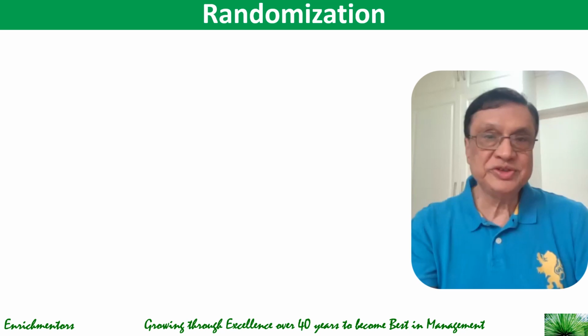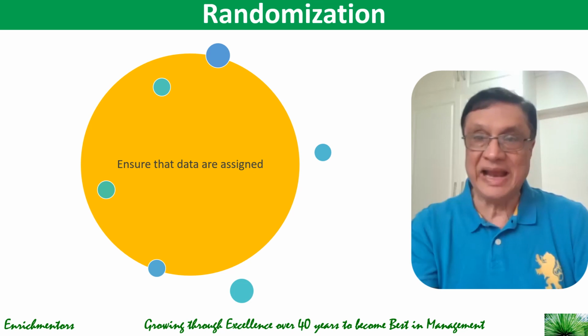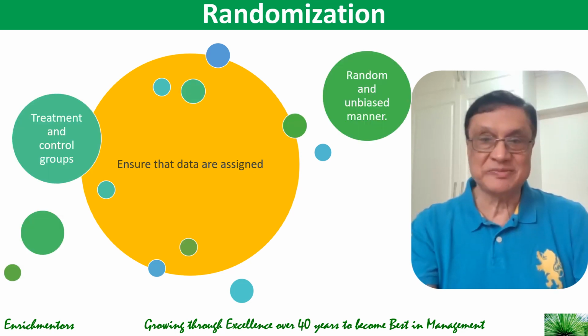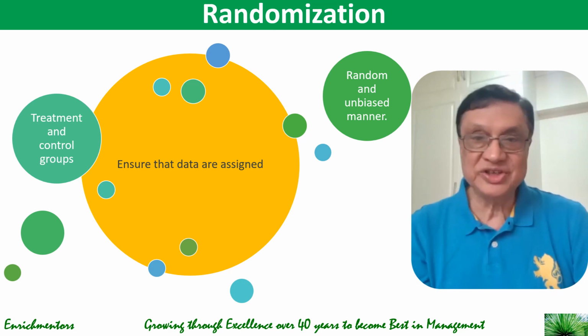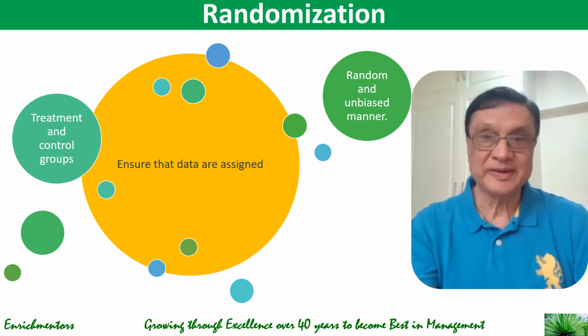Then if you are using a randomized control group, you implement randomization to ensure that the data is assigned to treatment and control groups in a random and unbiased manner. So using RCT, you need to use randomization to make sure your data is randomly assigned to both the groups in an unbiased manner.